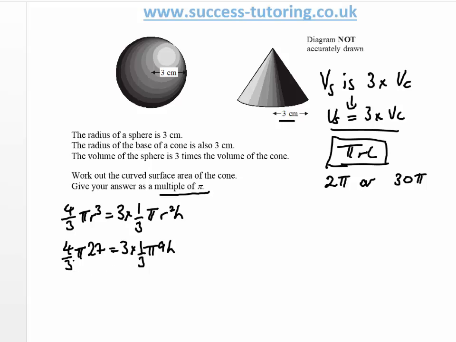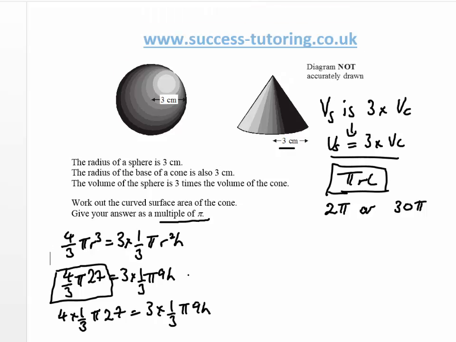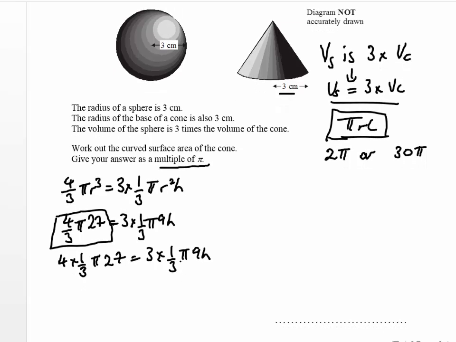What I'm now going to do is factorize out the 4 out of this part here, because it will expose the 1/3. You should already know how to do this, making it easier to cancel down. Okay, and simplify. Using a different colored pen, I can get rid of the pi there. I can get rid of the 1/3 and the 1/3.